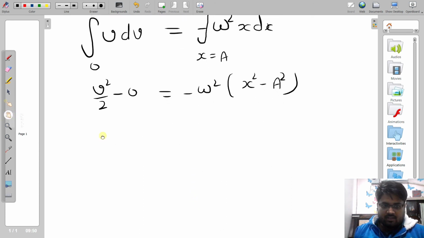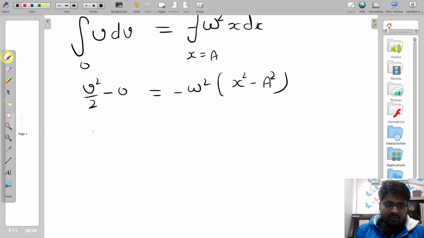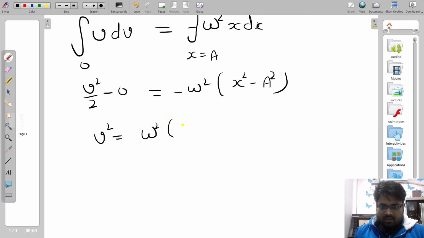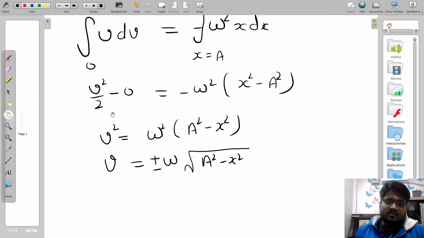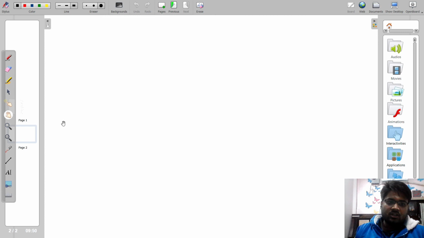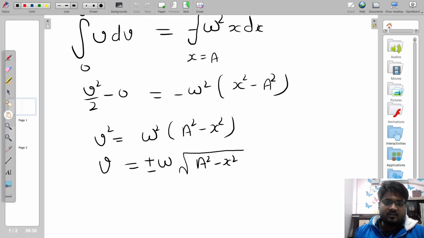If we solve it, we will obtain v square is equal to omega square, in the bracket a square minus x square. Further, v is equal to plus minus omega under root a square minus x square. So this is the equation of velocity under SHM.